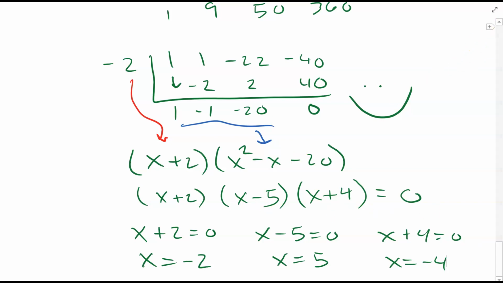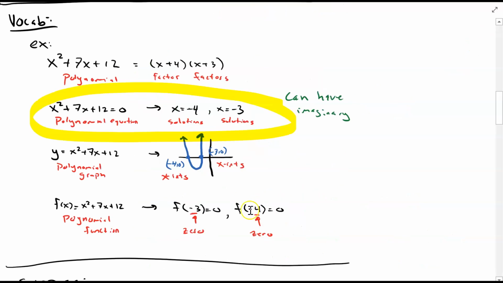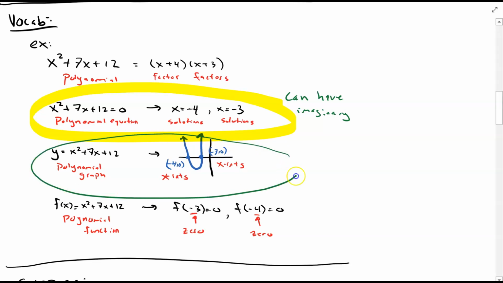Let me give you a hint. We're going to go back to this from yesterday. So which one of these 4 things can the calculator generate for us rather easily? The graph. The calculator can give me the graph really easily, right? And then what am I looking for on the graph? The vertex.